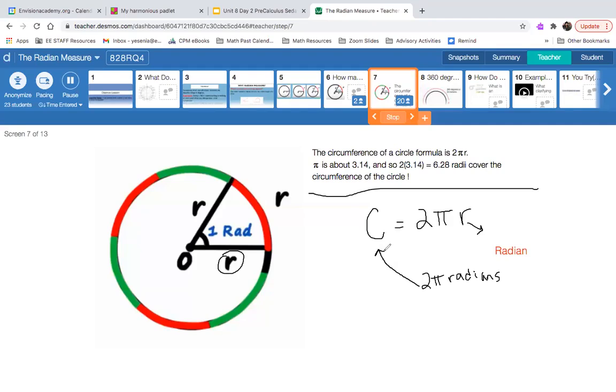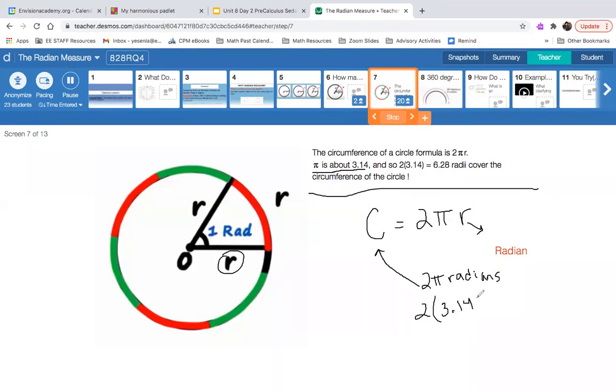And some of you remember what pi means, but if you don't, pi is about 3.14. So if 2 pi radians is the circumference of my circle, let's figure out what 2 pi is. All we got to do is 2 times 3.14 because that's what pi is.